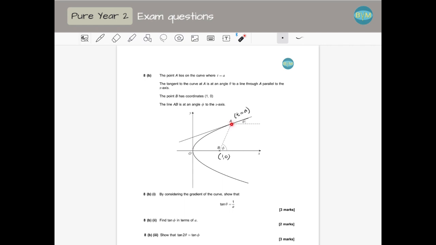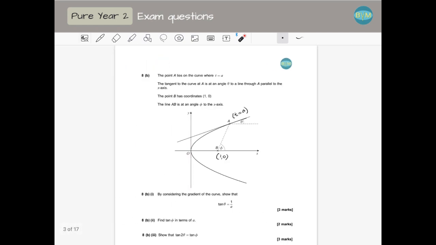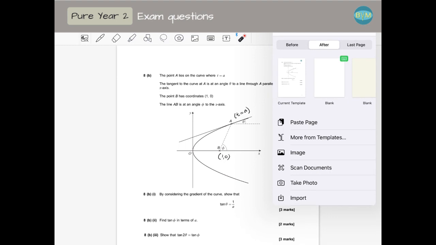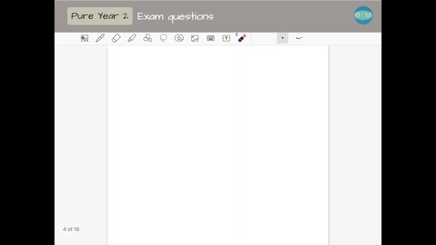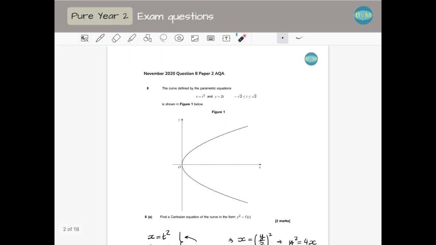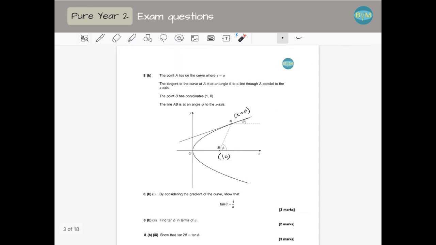So the gradient at the point is given by the derivative. It's going to be dy by dx, and when we have parametric equations, we are going to do dy by dt divided by dx by dt. dy by dt is the derivative of this one, so it's 2, and dx by dt is 2t, so I have 2 divided by 2t.